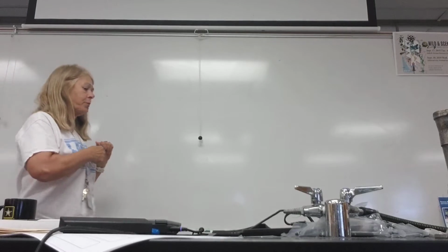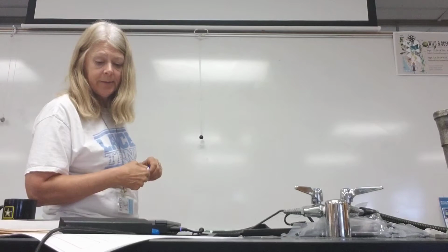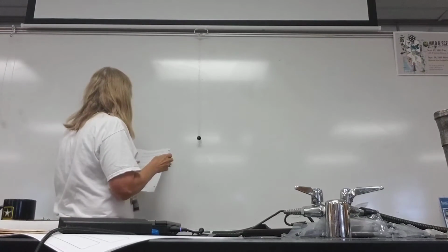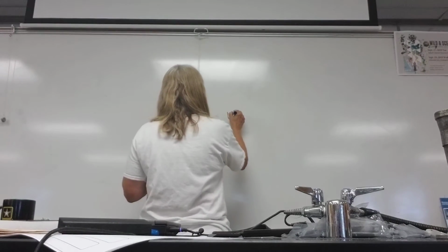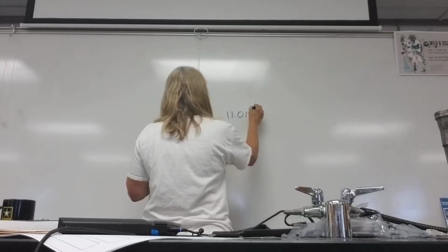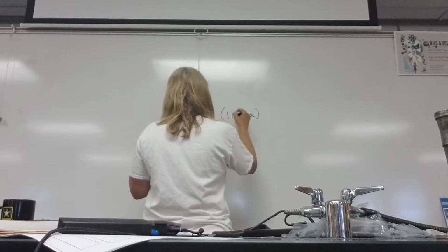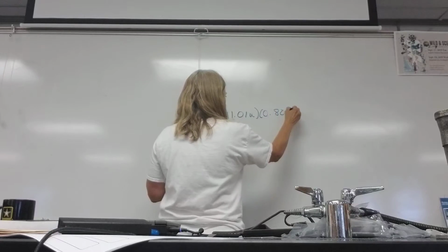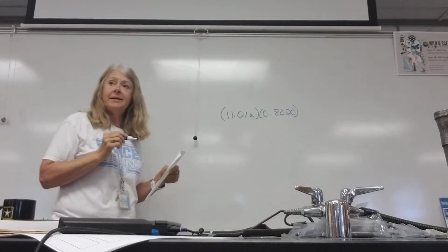Do you agree with that statement? On this particular problem, this is gonna be the same numbers as we used earlier for an example, but I'm asking you to solve for a different variable. I'm told that I have an atomic mass of 11.01 at a 0.8020 abundance.